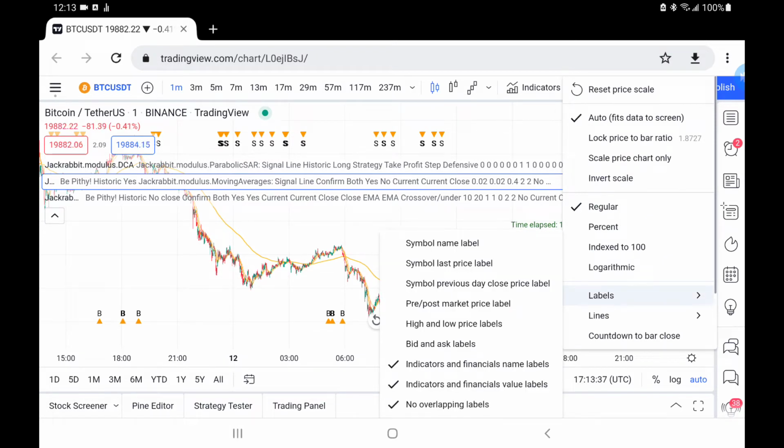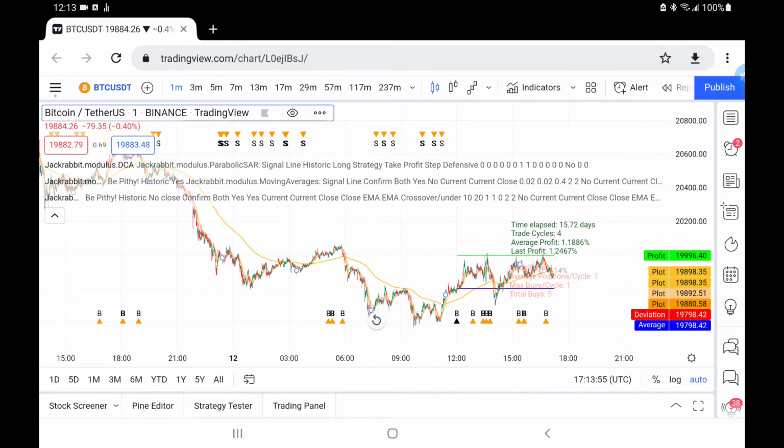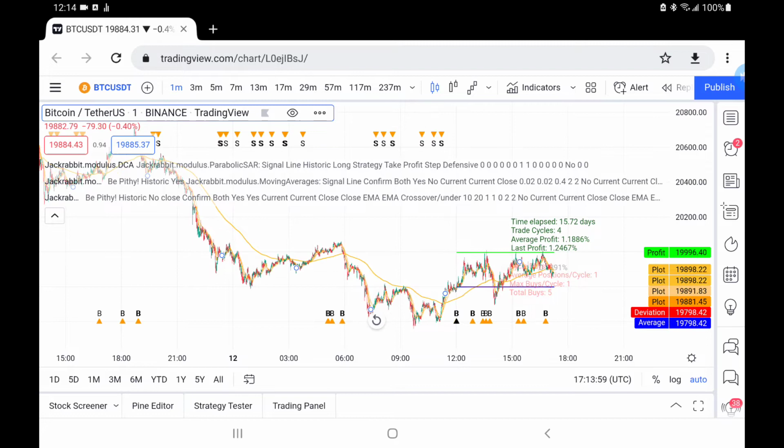And you can pick and choose which labels you want. To get your chart to look like what I have, indicators and financials name labels, indicators and financials value labels will produce this chart. So let's actually go through and look at different assets with this particular risk setting.